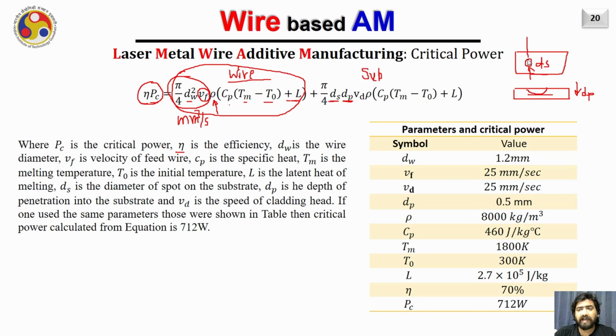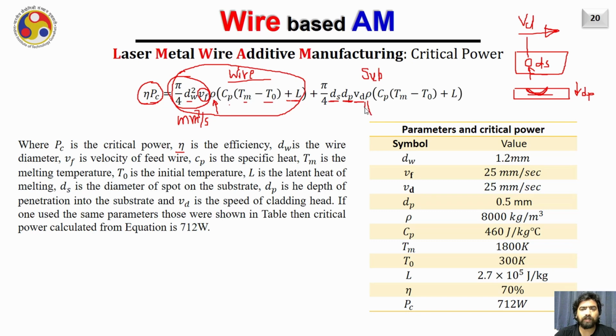Once I have ds and dP with me, now I can find out the energy required. If that laser head is traveling with a speed of, for example, Vd, that is the deposition velocity onto the substrate, then I can easily find out the energy required to melt this much portion of the substrate, and it will be pi by 4 ds into dP into Vd, velocity of the laser head, into rho.